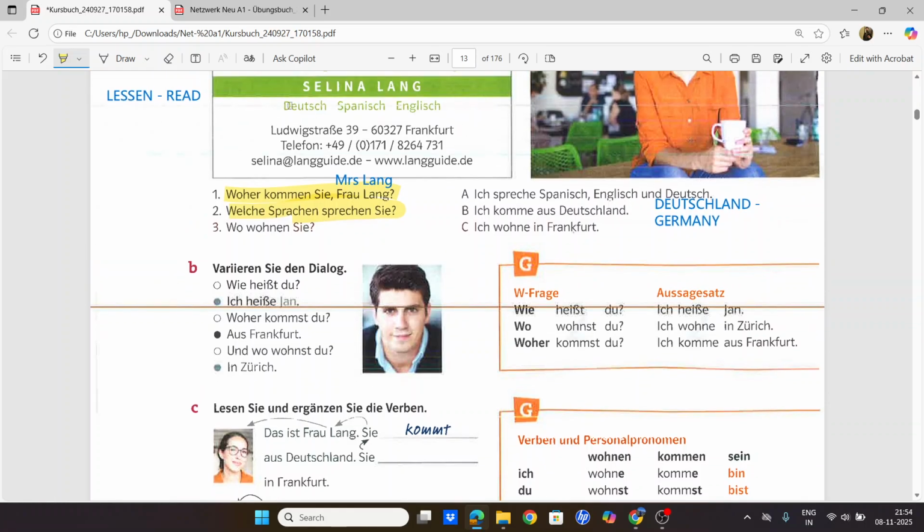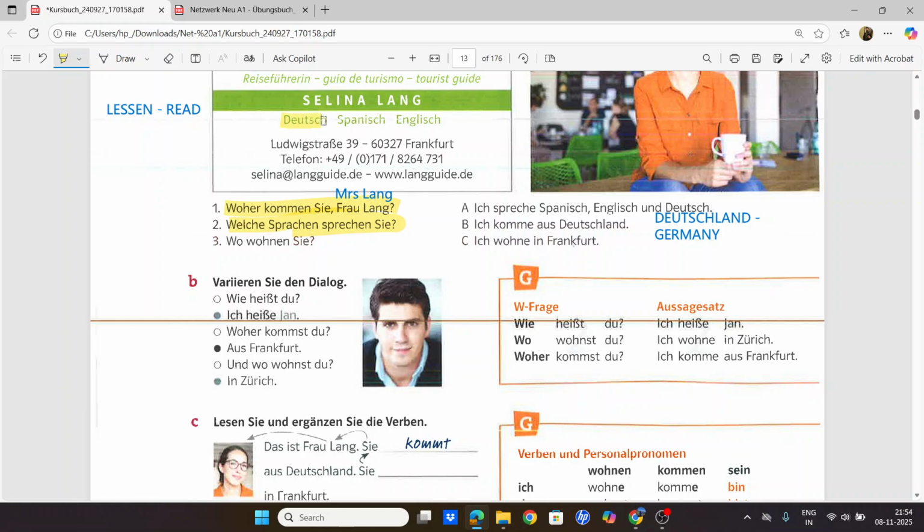She can speak Deutsch, Spanish, or English. You need to listen to the pronunciation. Deutsch means German, Spanish means Spanish, and English means English. So this is the option for this.